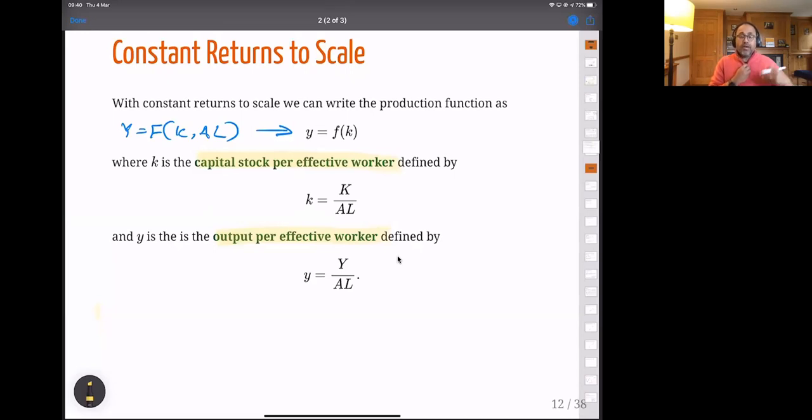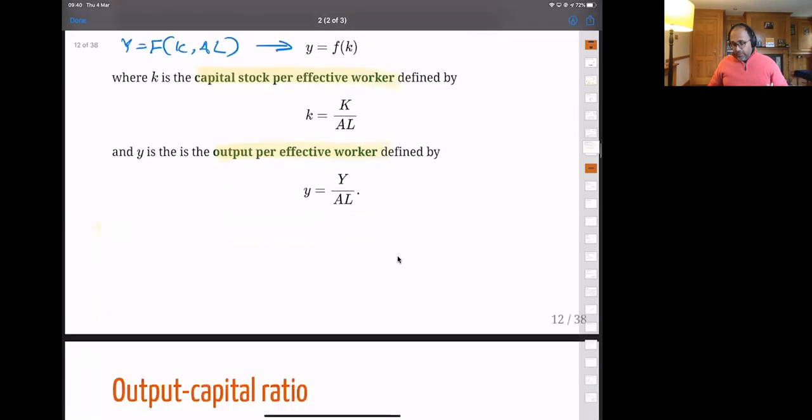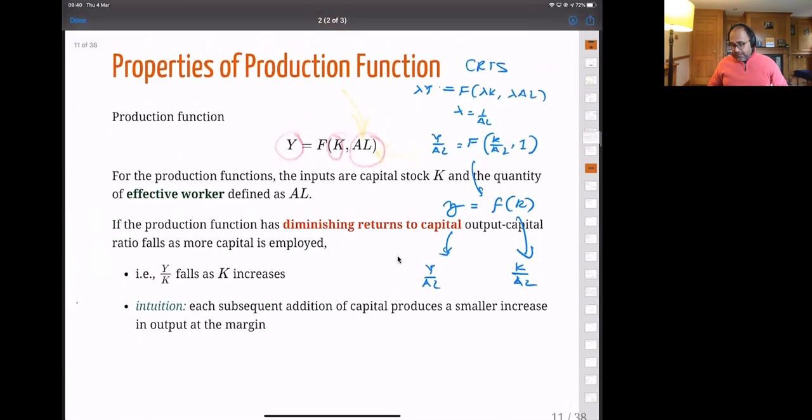So what that means for the economy is, if you have more capital stock per effective worker, you will have more output per effective worker. So if you want your output to grow, you have to grow your capital stock, and you have to grow it at a faster rate than your labor is growing. Okay, with this, we're going to go back to the slide from earlier.